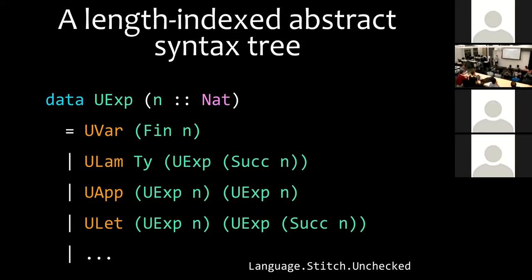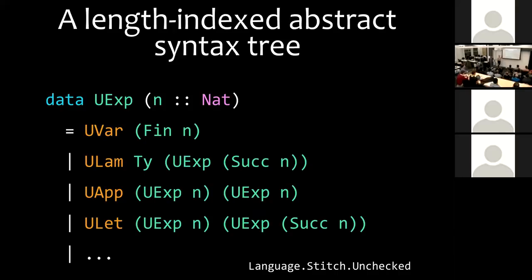So the idea here is that this is a much simpler data type. So here in the application, right, we just have some expression applied to some expression. There's no types yet, because we're going to have a separate type checking pass that gets us from this representation to that other one that we saw a few moments ago. What is interesting here, though, is that this expression type still keeps track of how many variables are in scope.